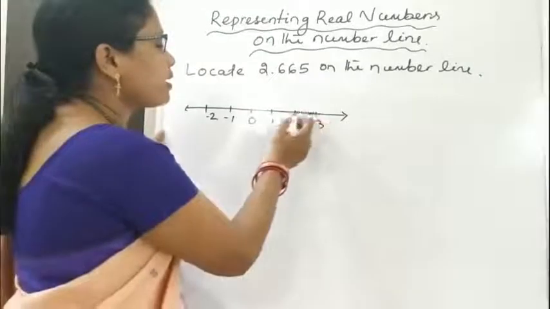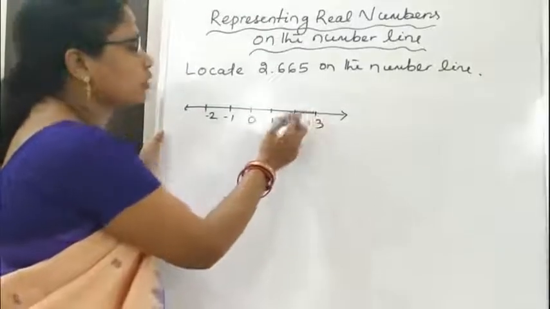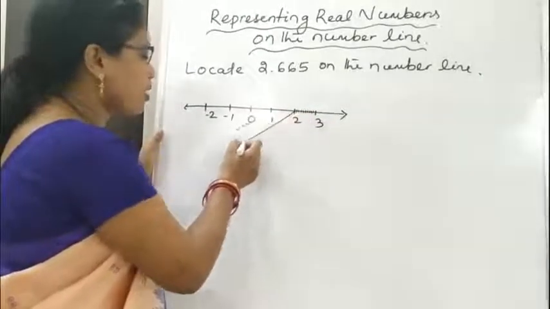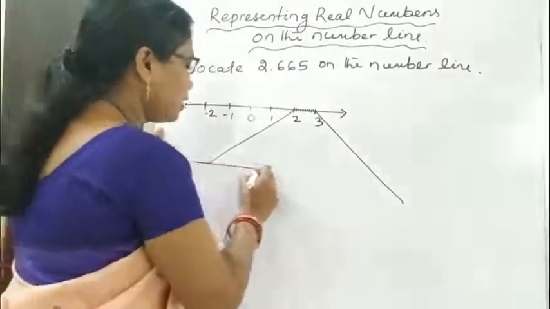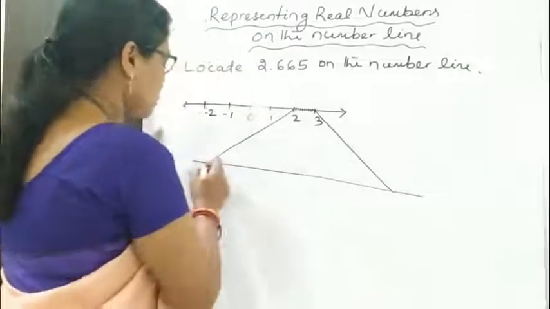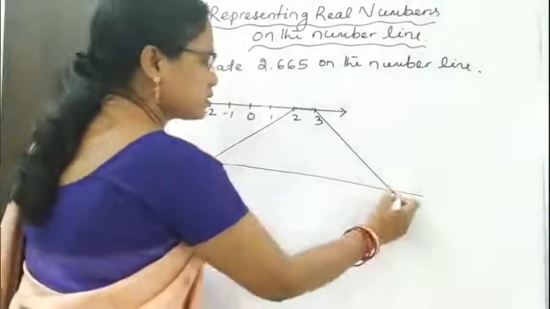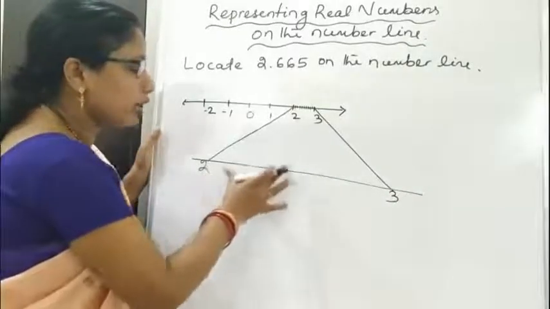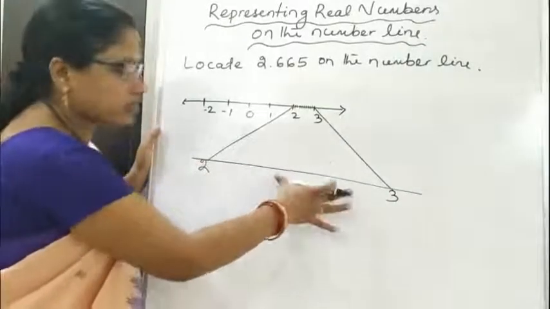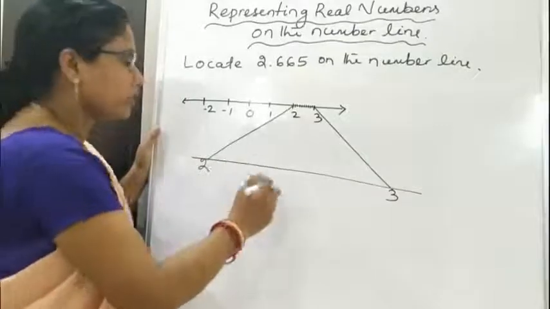So let us magnify this portion 2 to 3. So 2.665 will lie between 2 and 3. So this is 2 and this is 3. This part is magnified already. Again we have to divide the distance between 2 and 3 into 10 parts.